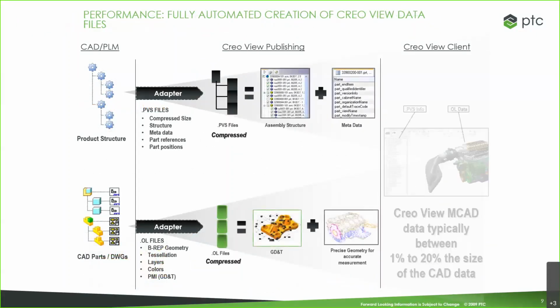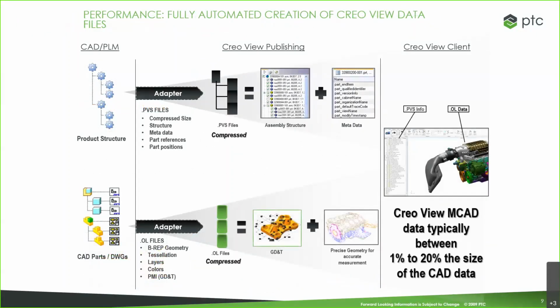I'll flip through the animations here. As I was saying, it decreases the size of the data, typically to between 1 to 20% of the CAD data. So for that reason alone, you're going to be able to open up your data a lot faster, makes it a lot more accessible, especially outside of engineering, because engineering does typically get the more capable hardware.